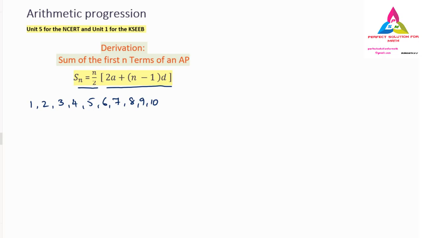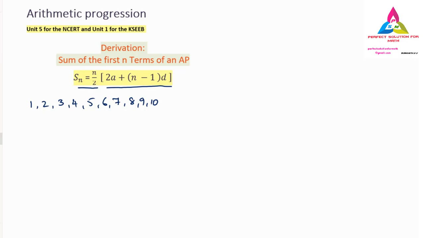So that is an AP directly. If you want, you can do 2 minus 1 is 1, 5 minus 4 is 1, 8 minus 7 is 1. Any two consecutive numbers you take and subtract, you get 1 only as the difference.